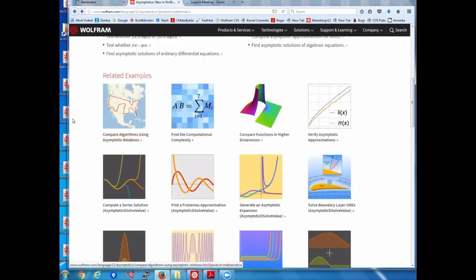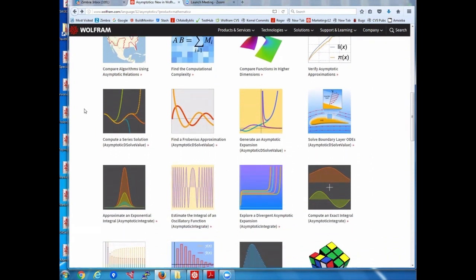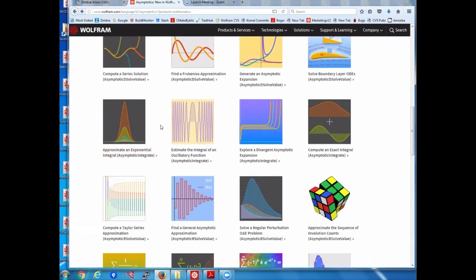So you can think of each row over here as being a section in a Mathematica notebook. And in fact, that's what they were. We prepared these sections, we brought them together, and that's how the web page went live. So the first row over here is about asymptotic relations. The second row is about differential equations. We have a single function, AsymptoticDSolveValue, that does that. The third row is about integrals.